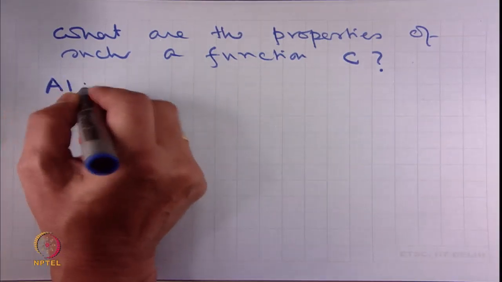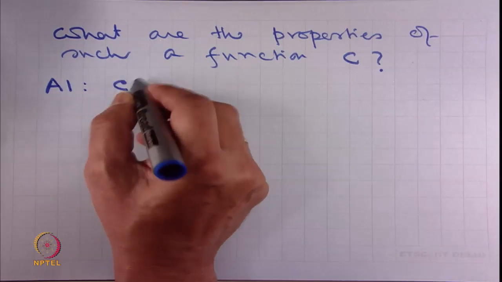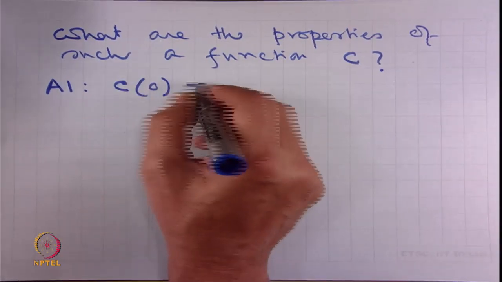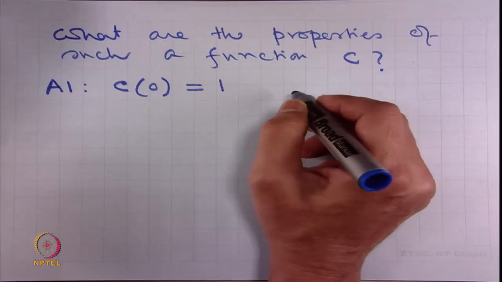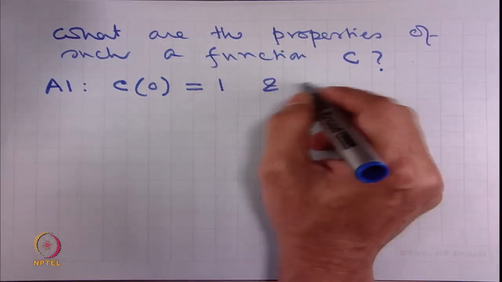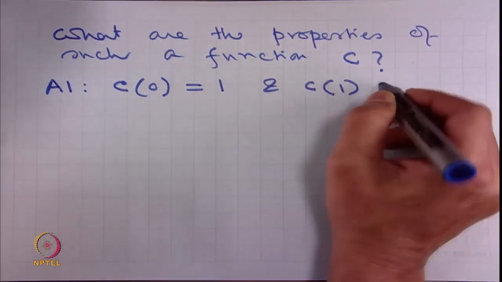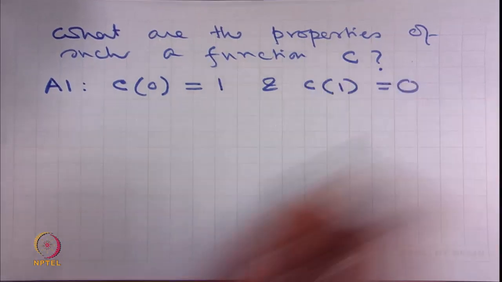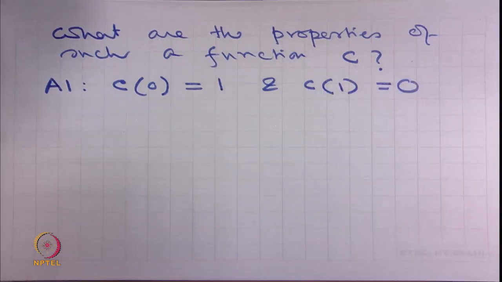Axiom 1: C of 0 is equal to 1 and C of 1 is equal to 0. So, these are called boundary conditions.